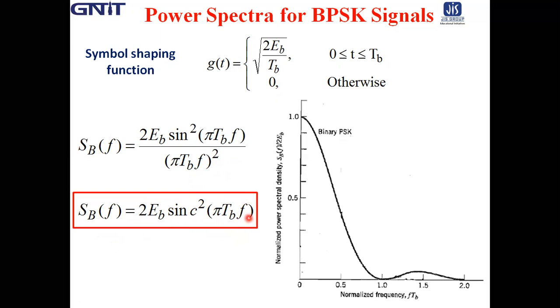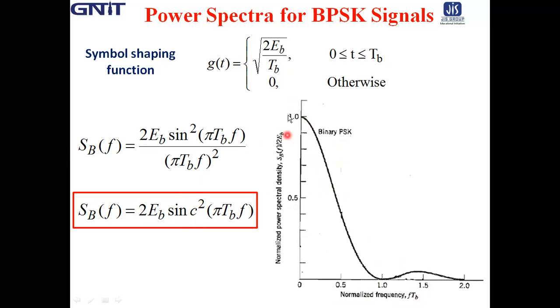So this power spectrum falls as the inverse square of frequency, which is shown in this figure. It is plotted against the normalized frequency f Tb, and it is a normalized PSD, S_B(f) by 2Eb.